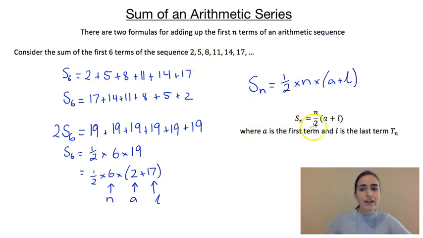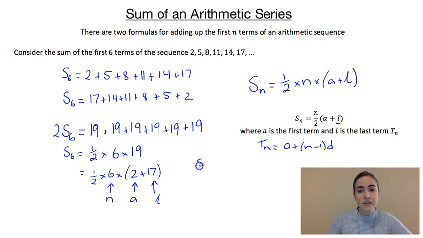Now that's all fine if we know what that last term is, but sometimes we won't be given it. We'll be told the number of terms that we want to add up and the first term. Because that l is just the nth term, and in an arithmetic sequence the nth term is a plus n minus 1 d, we can replace l with this whole thing.